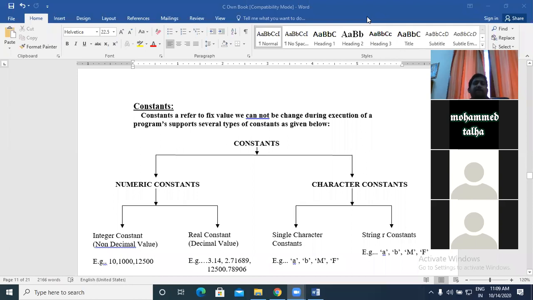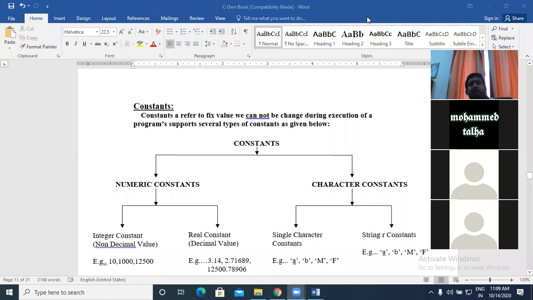For example, integer constants like 10,000, 10, 12,500, 1 lakh are non-decimal values, which are considered integer constants.